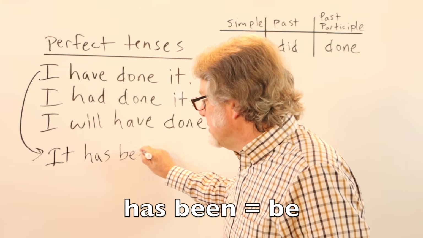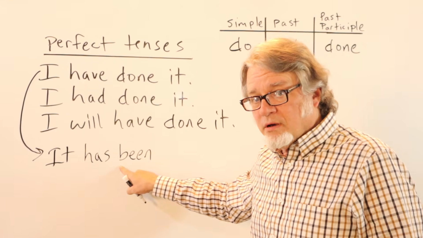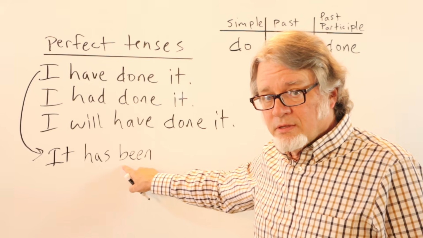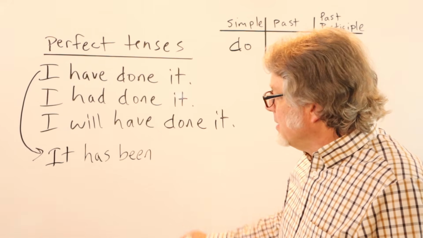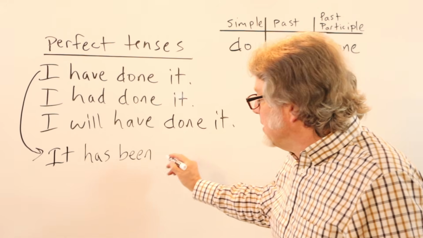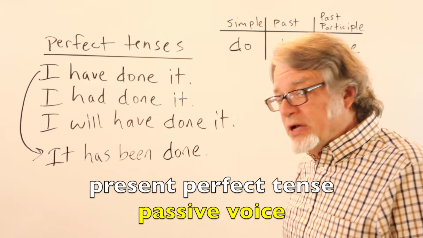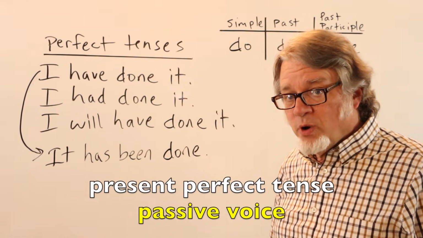Has been. Together, these are the verb be in the perfect tense, the present perfect tense. And then the main verb is the past participle. It has been done. There's the present perfect tense in the passive voice.